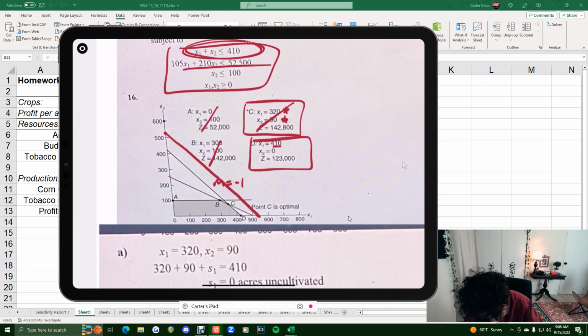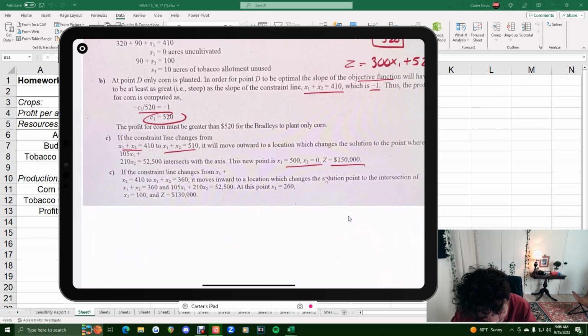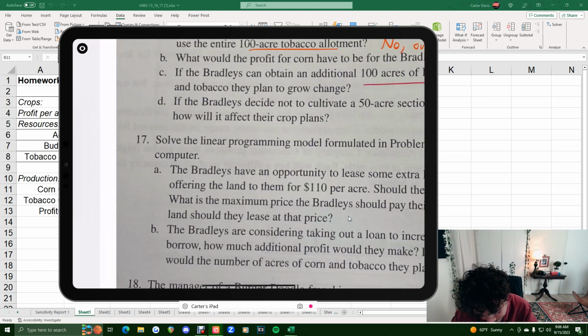So something about this line intersecting at 500 here would give us this point right here as the new optimal value. So it's 500 comma 0. So that's why it turns into 500 comma 0 with this new profit. Okay, let's do the last one.